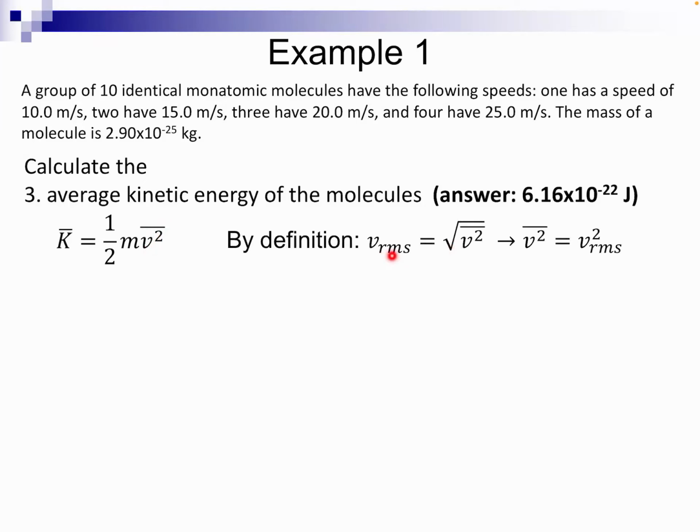The RMS speed is defined as the square root of v squared average. So to find v squared average to use in the equation of kinetic energy, you then have to square the RMS speed.